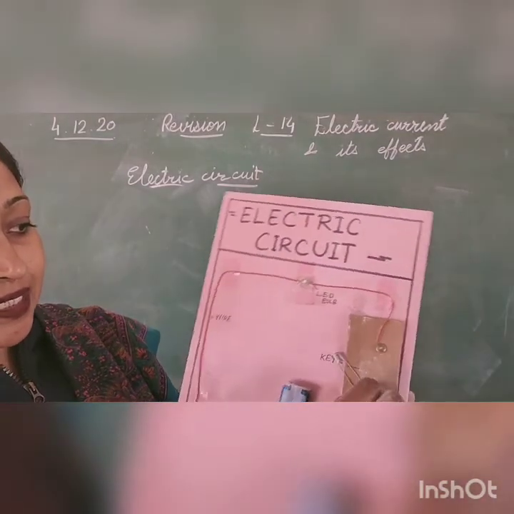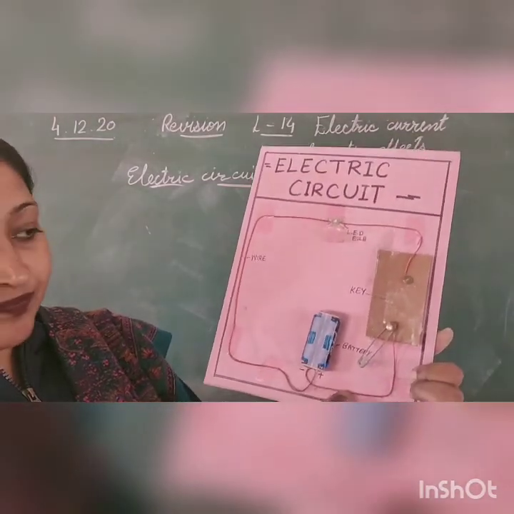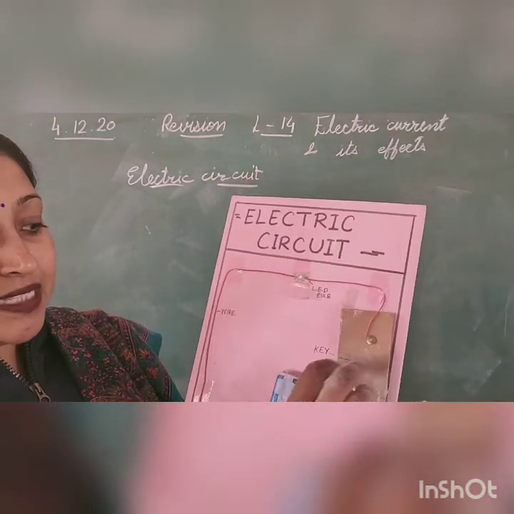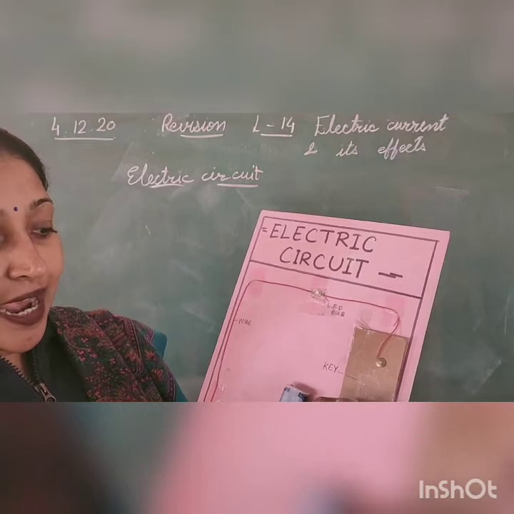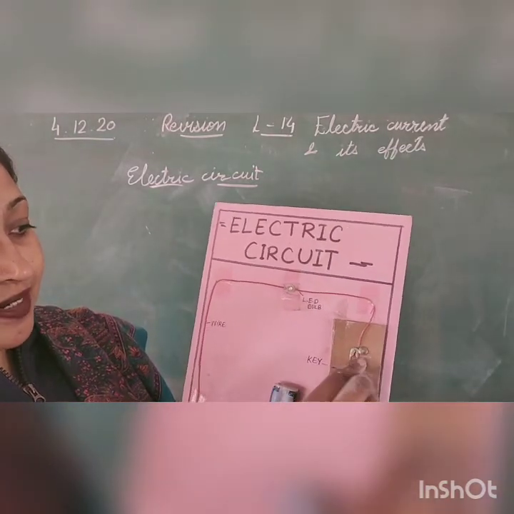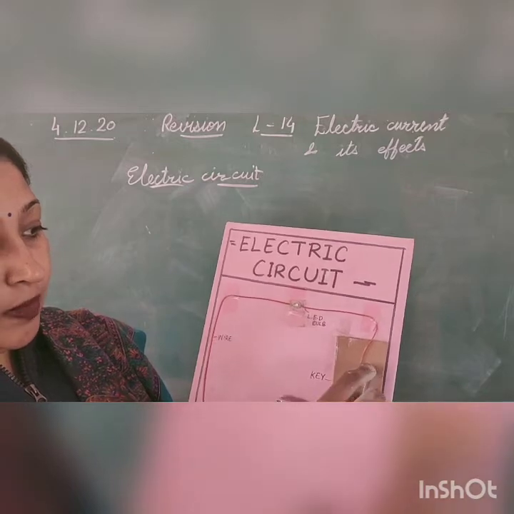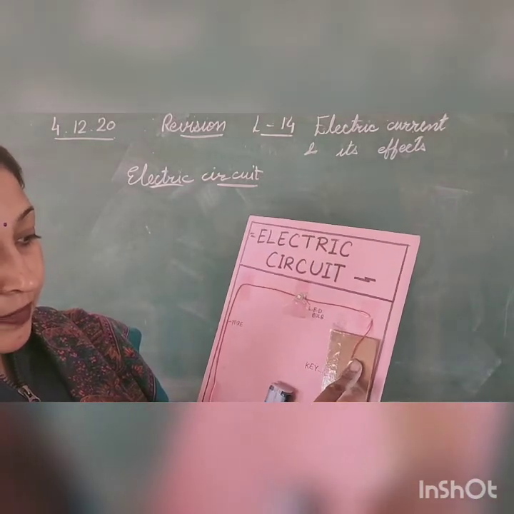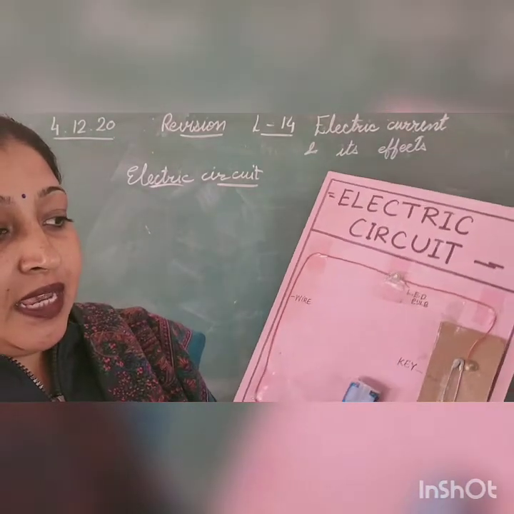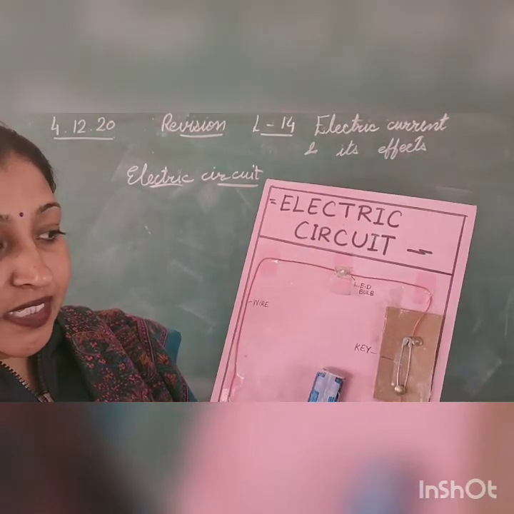There are wires. Can you see the wires? So the wires and this safety pin will act like a switch. When I press it, it will glow a bulb. So children, this is an electric circuit.